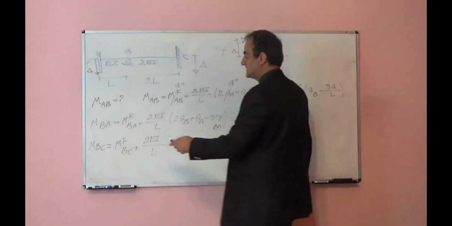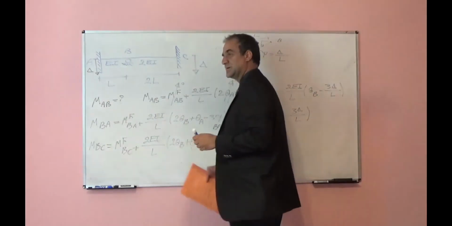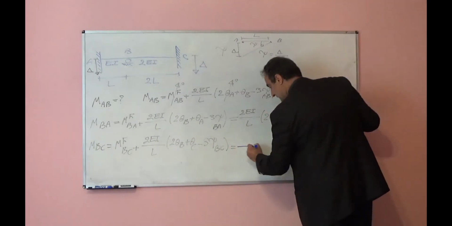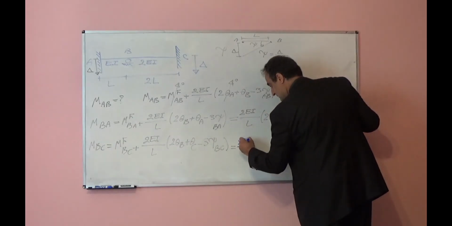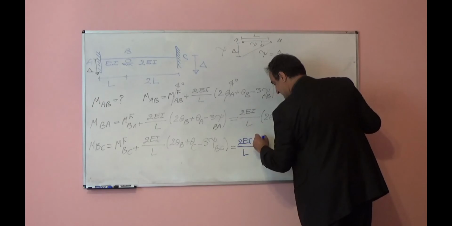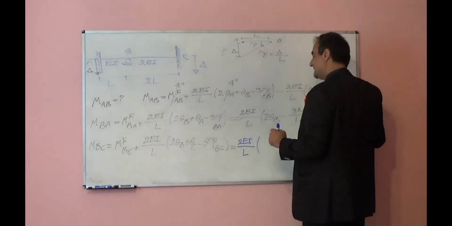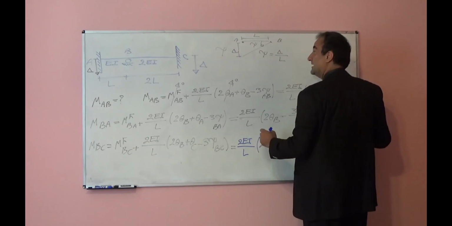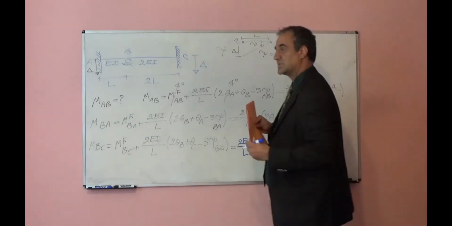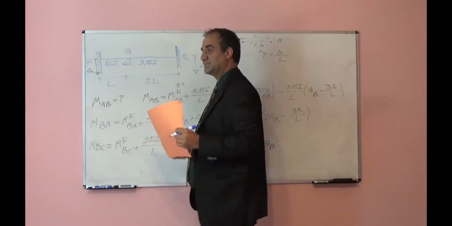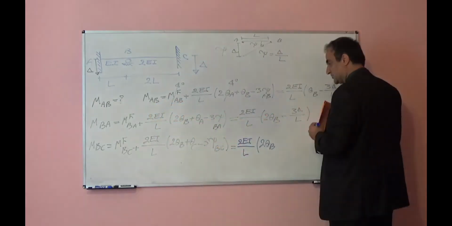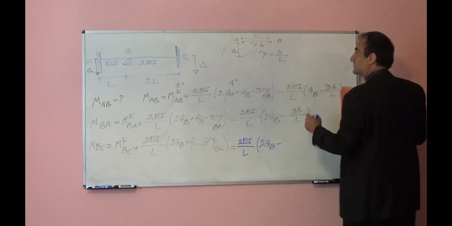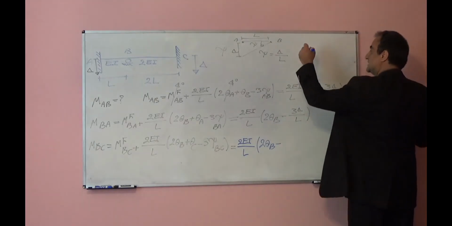M fixed BC, there is no external load, it is 0, plus 2EI over L, 2 theta B, theta C. There is no rotation at support C and it is a fixed support, so that is 0, minus, let's look at BC, psi BC.